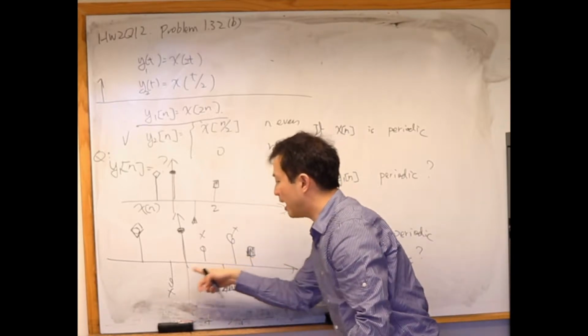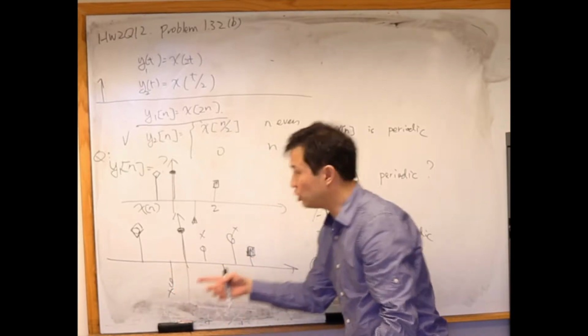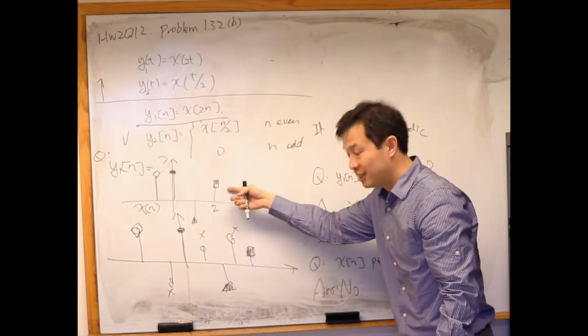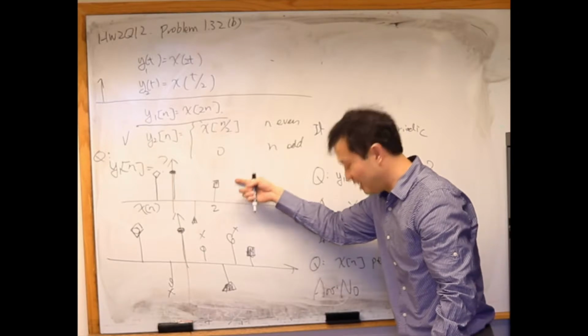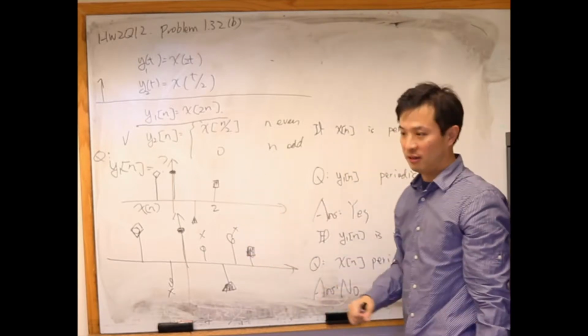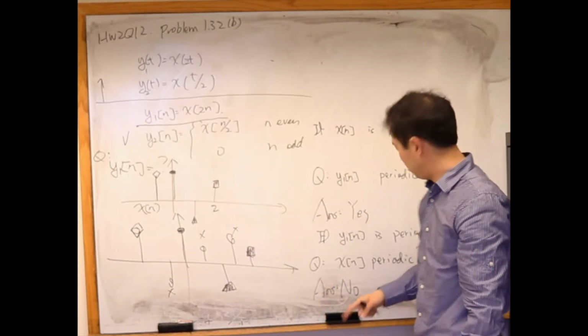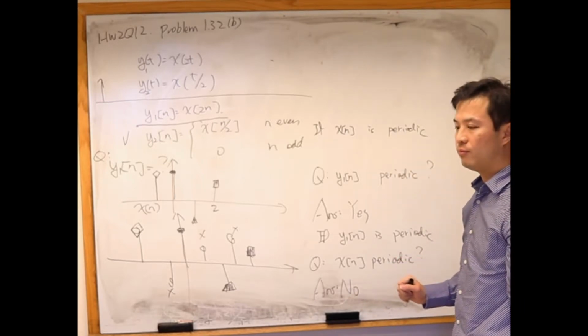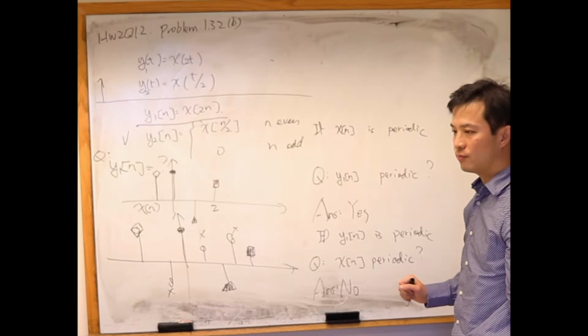Now all the odd positions never show up in the final answer. Therefore, being periodic here doesn't imply periodic in the original signal. So going from that function to that function, at the odd integers you may get values that could ruin the periodicity.